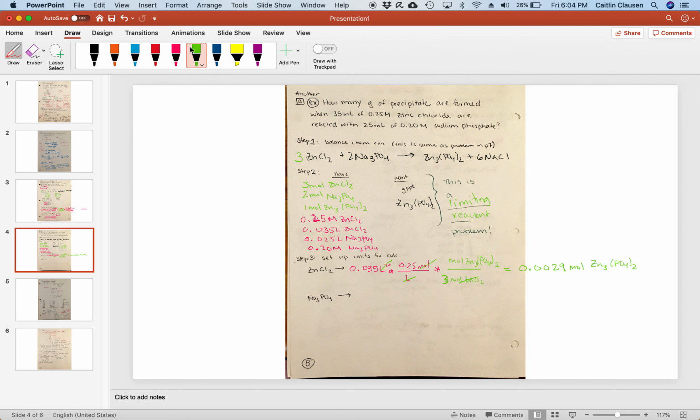I'm going to do the same thing, but now starting with sodium phosphate, which was 0.025 liters. The molarity of which was 0.20 moles per liter.